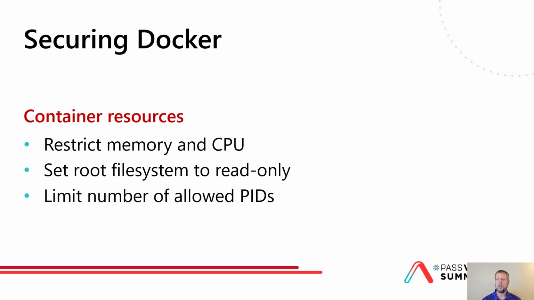That makes it much more obvious if something additional has been added to the container, or it's running some code that it shouldn't be. It also prevents it from gaining too many resources on the server and being able to run a lot of processes it shouldn't be. A classic example of this is crypto mining, where they install software in a hidden location in your system to be able to mine cryptocurrency like Bitcoin.